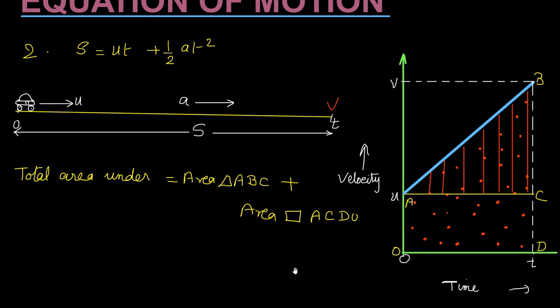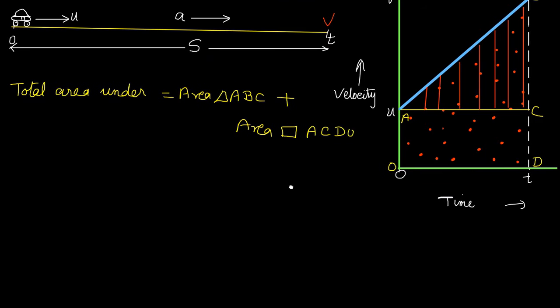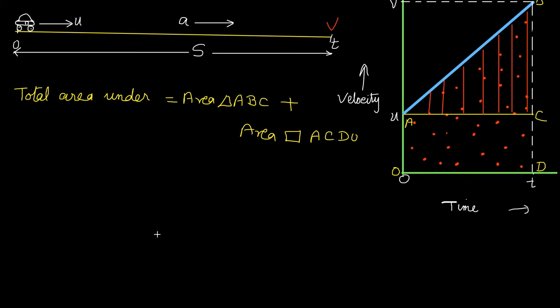Now let us find out the area of the triangle and the area of the rectangle. The total area under the graph is the displacement. So the total area under the velocity time graph is the displacement of the object.